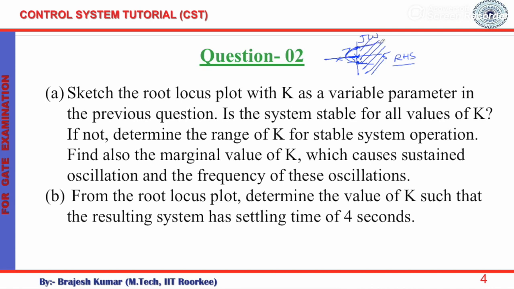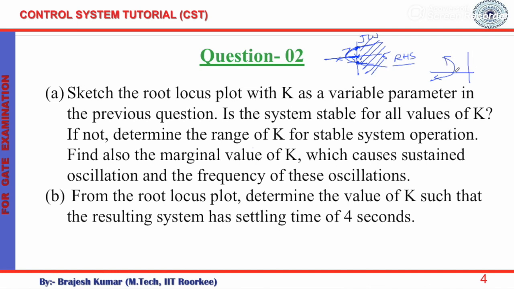For infinity it will go like this, the system will become unstable, and here the system will oscillate with a certain frequency. So you need to calculate this value of k if it exists. Otherwise, if it doesn't exist, if a certain root locus is like this, it will be stable for all values of k.